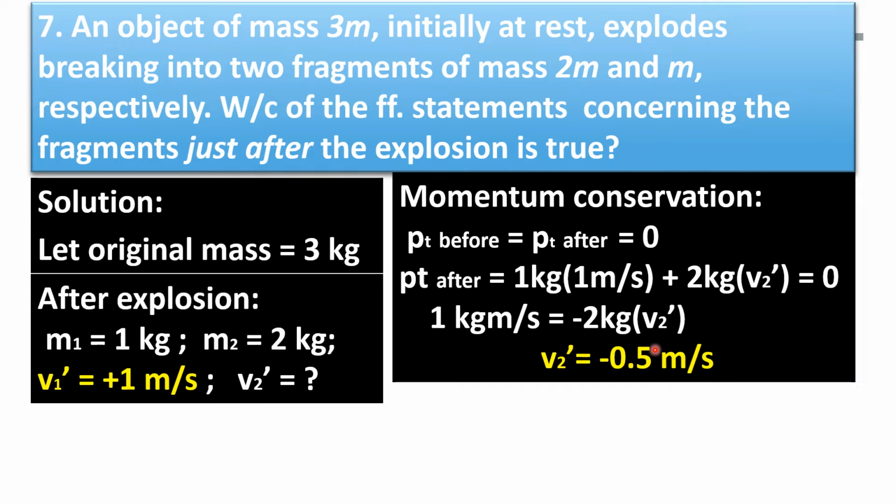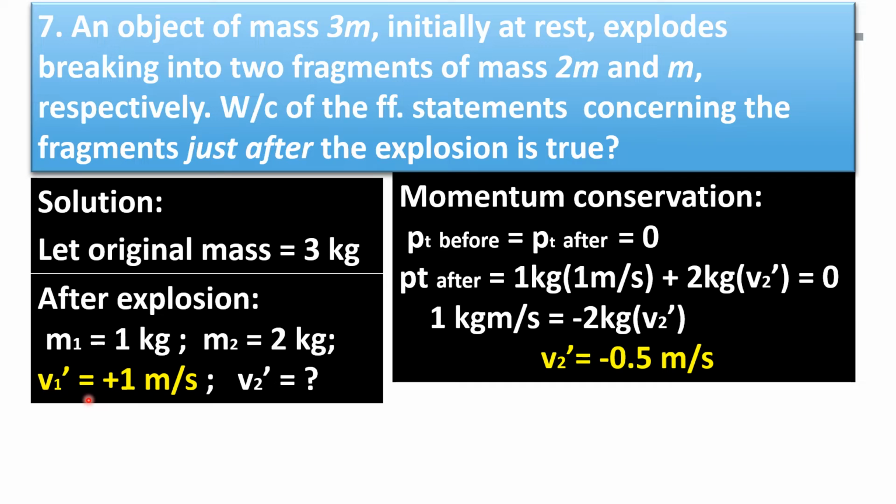So this reaffirms our answer in the previous slide, where we said that the velocity after explosion of the bigger mass will just be half of what the smaller mass would actually have after they exploded.